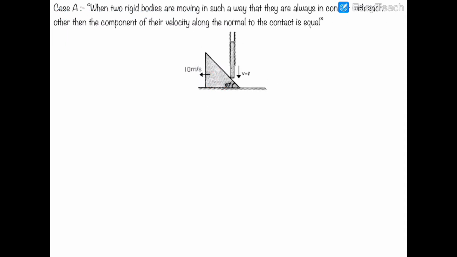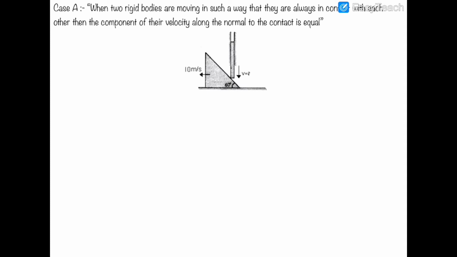Now in this problem we can see that there is an inclined plane which is placed on the floor, and there is a rod which is restricted between two vertical walls. You can see this and this are walls, vertical walls, and they are restricting the rod to move in x-axis.